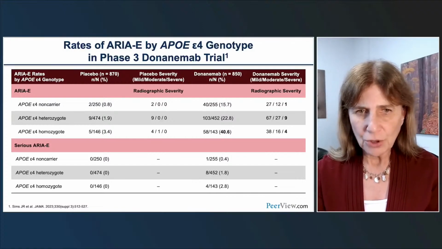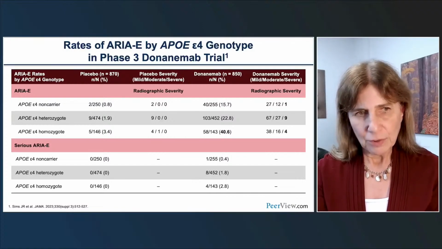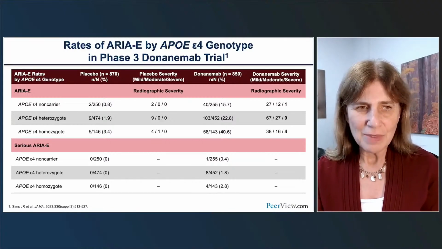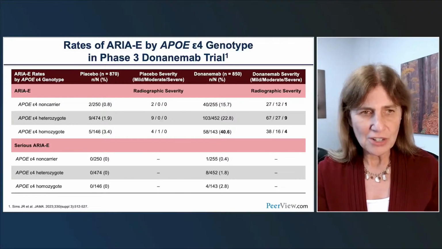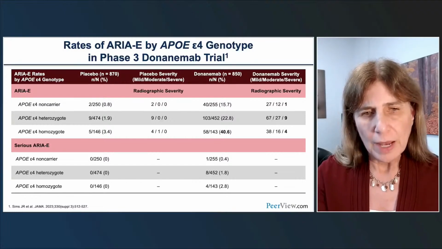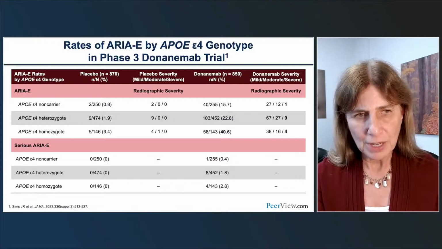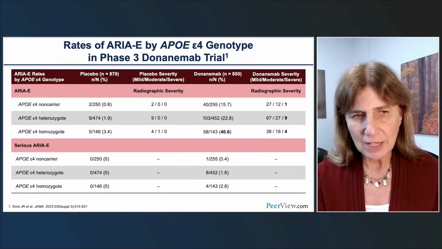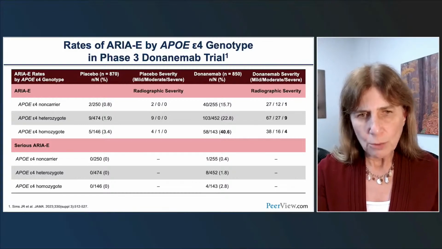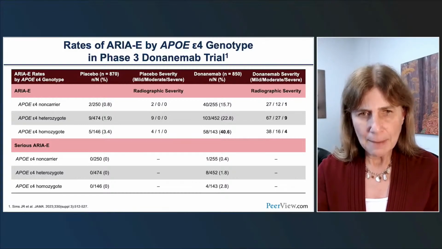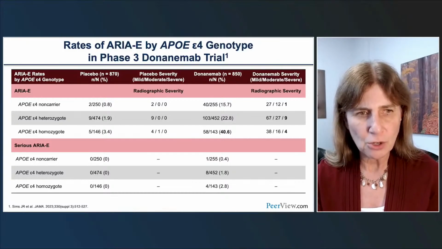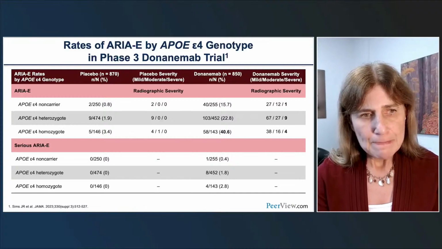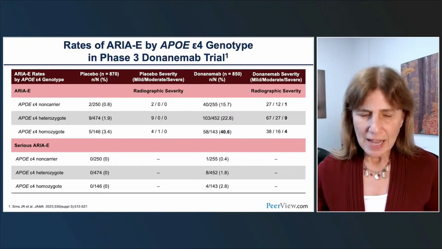If we look in this third column, there is a 15.7% rate of ARIA-E in ApoE4 non-carriers, going up to 22.8% in heterozygotes and 40.6% in homozygotes. So this is about twice the rate of what we saw in lecanemab, but the same pattern of increase based on ApoE4 carrier status. And then we don't have exactly comparable data.